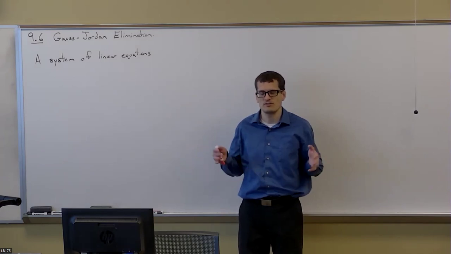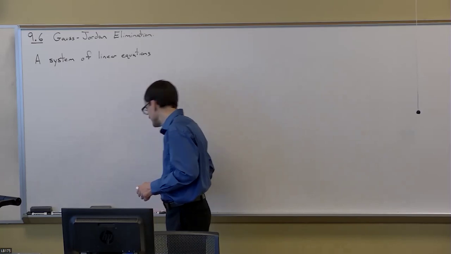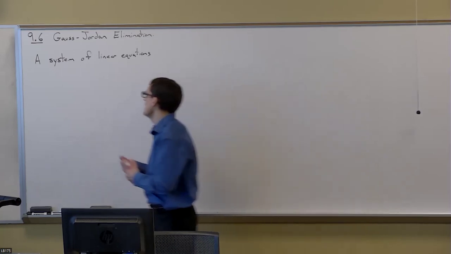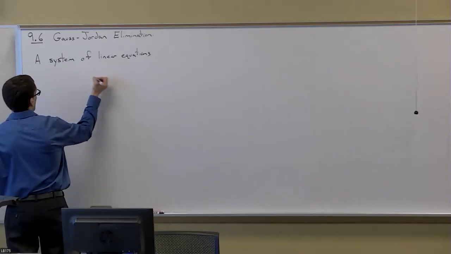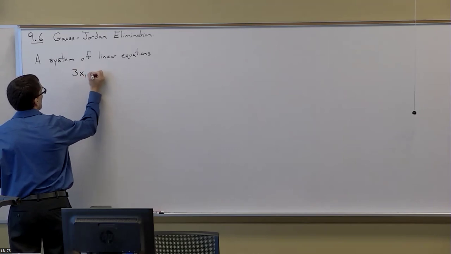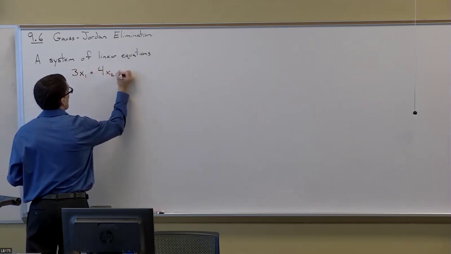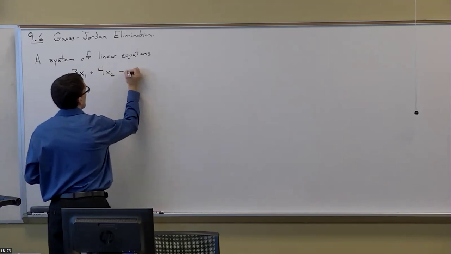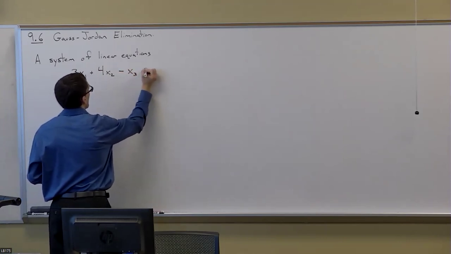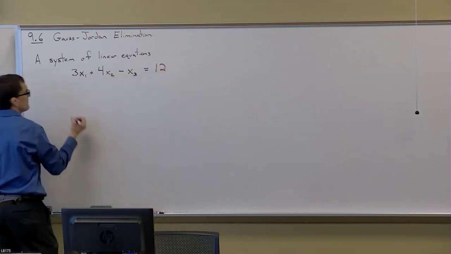And so with systems of linear equations with matrices, instead of having X and Y and Z, maybe they'll have something like this: 3x1 plus 4x2 minus x3 equals 12.